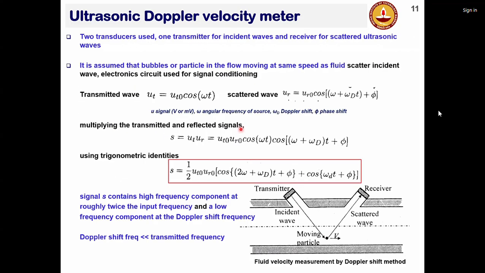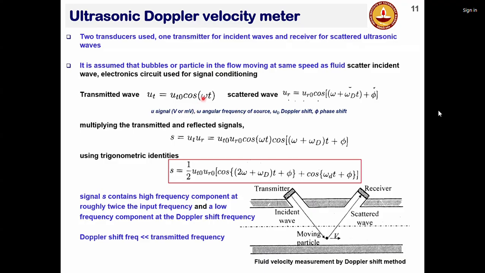So you can see that we have a transmitted wave, which can be represented as the amplitude of the wave times an oscillatory component, which is typically a cosine function. So you write cos omega t.